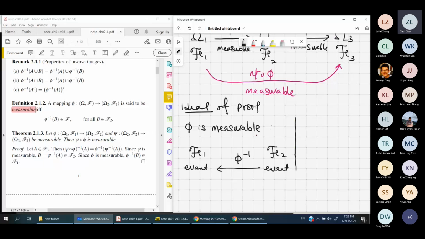On the other hand, we said that psi is also measurable. Psi is another measurable function from omega 2 to omega 3. So by our definition, it will look at all the events in F3 and pull them back to another event in F2.